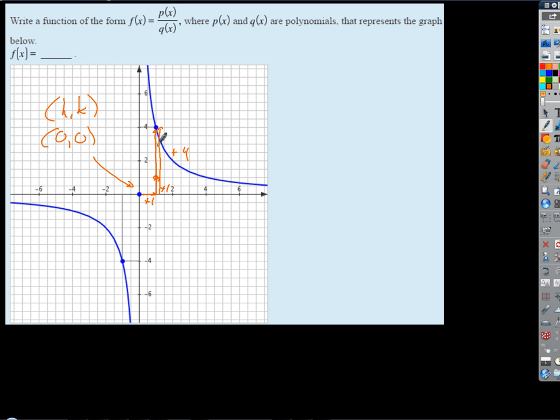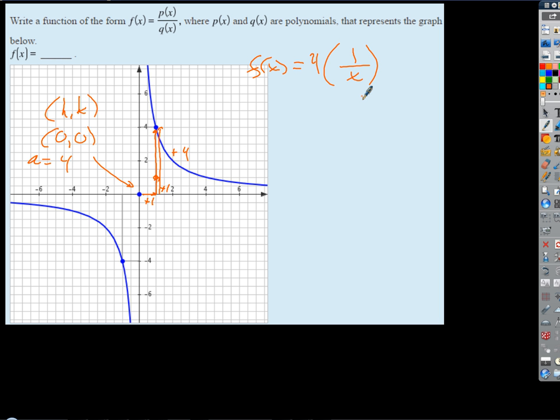The point is 4 times as far up as it should be, normally. So a is equal to 4 then, right? So if we write this down then, we end up with f of x equals 4 times 1 over x plus 0.